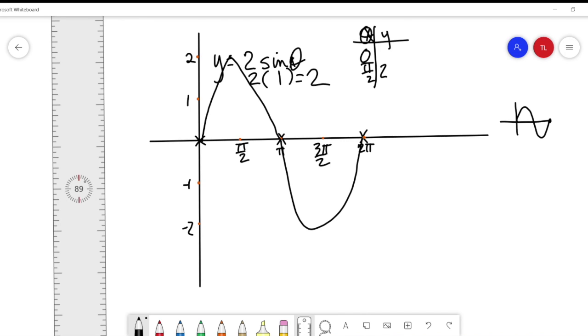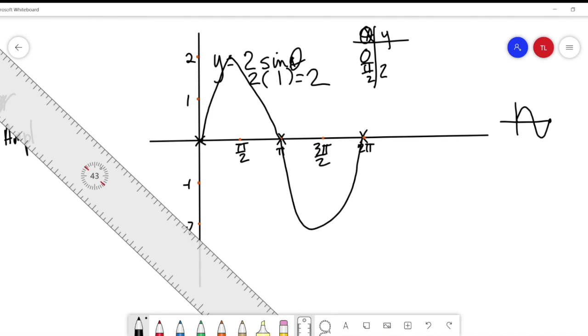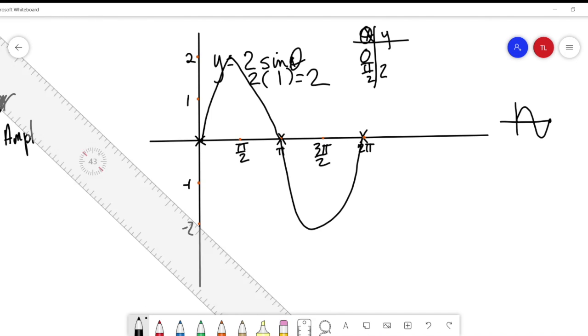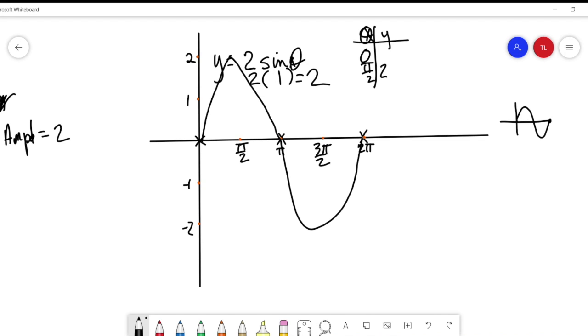That's the amplitude. So when you start graphing these, I want you to start telling me what each one of them is. In other words, you would write amplitude. You don't have to spell it out. Amplitude, you can start with M equals 2. But it's really the absolute value of 2.